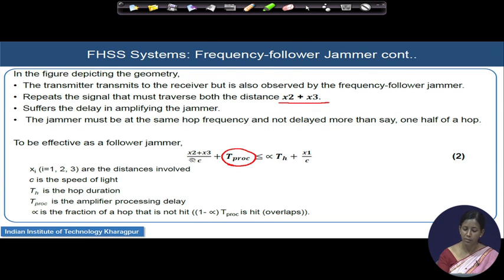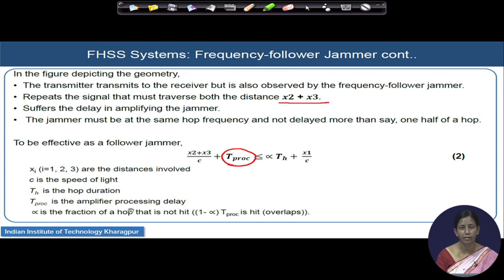So, the equation should be something like this: (x2 plus x3) divided by c is the time taken by the signal to traverse via the jammer. This is the extra processing time, the time the signal takes to get processed and amplified inside the jammer, and x1 by c is the direct path between the transmitter and receiver. The signal takes this much time to reach the receiver from the transmitter. The extra term we are introducing is the hopping time TH, that the carrier takes to hop from channel to channel in the receiver, and alpha is the fraction of the time within the hop where there is no hit.